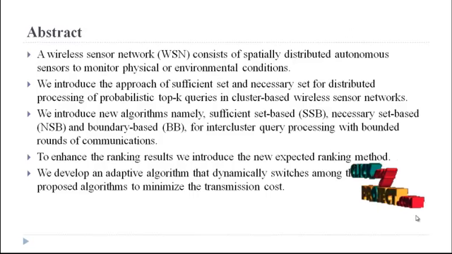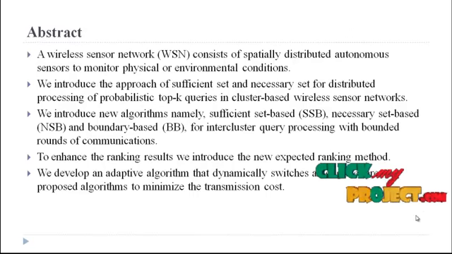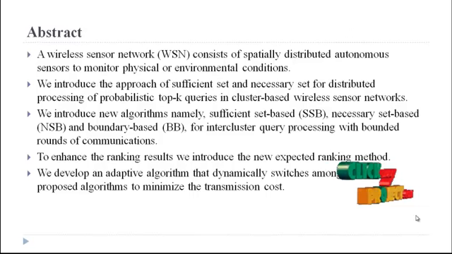We introduce new algorithms, namely sufficient set-based, necessary set-based and boundary-based, for intra-cluster query processing with bounded rounds of communication. To enhance the ranking results, we introduced a new expected ranking method.